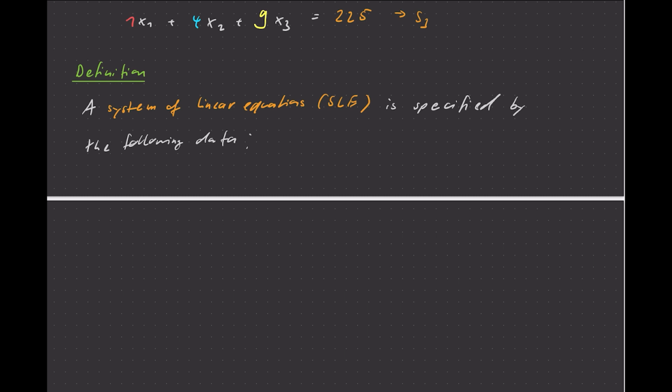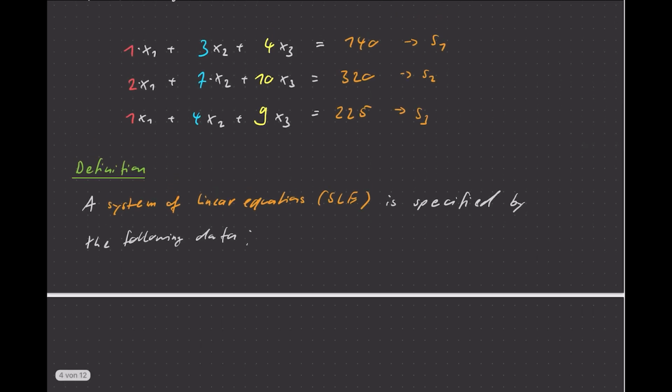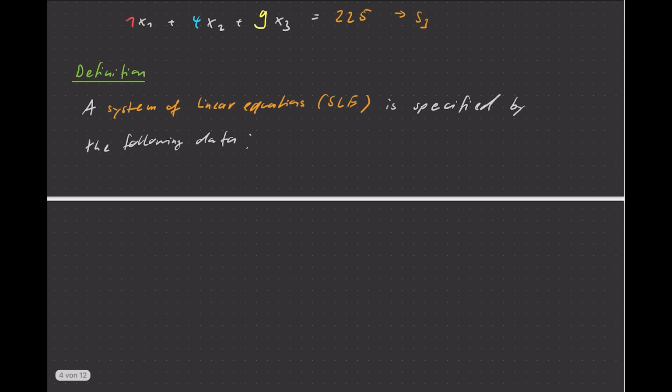Now, what do we need to specify a system of linear equations? If you look at this one, the first thing I would like to know is, of course, the number of equations and the number of variables. So that's one basic data point here. Write that down. A number, we usually call this M, which should be a natural number, of equations.